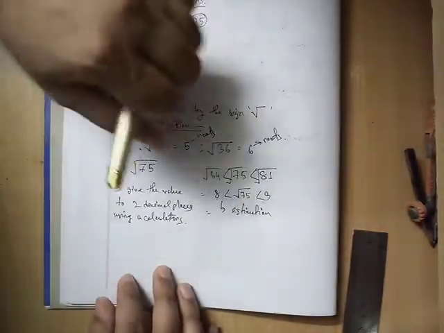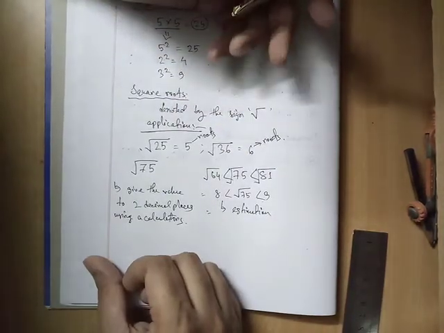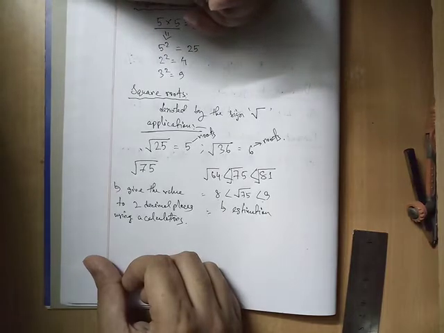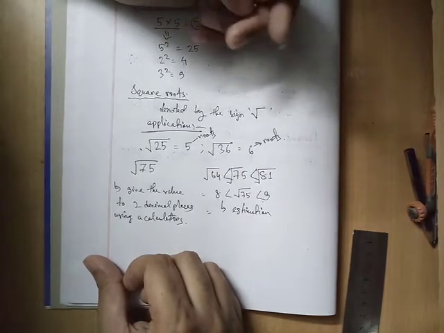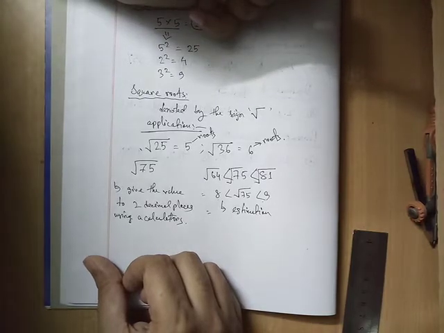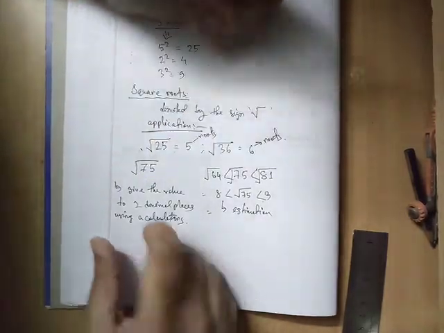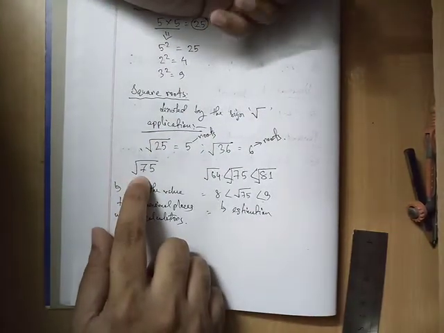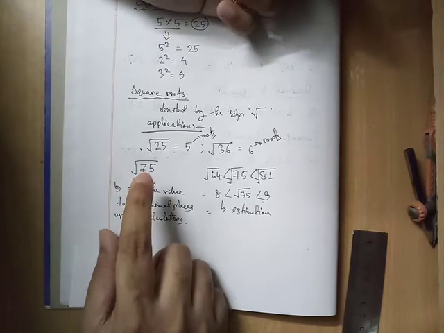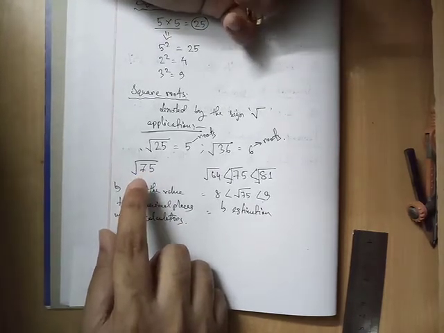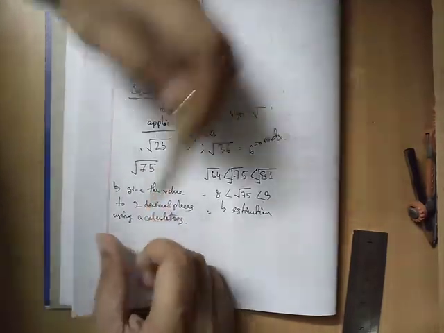If I take the square root of any number, whether a whole number, a decimal or a fraction, and it does not give me a rational number, those are called surds. They are also called irrational numbers. Just like 75 does not give us a whole number, and we cannot express it as a fraction like a over b.